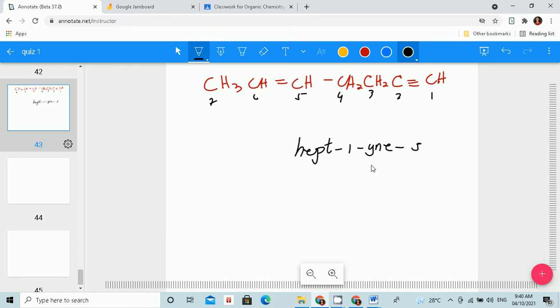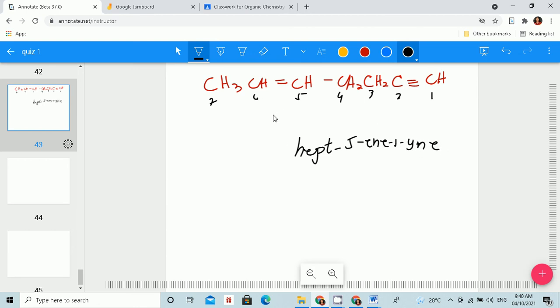Oh, okay, class. We will put the yne first because in writing it's alphabetical. In numbering, the triple bond is the priority, but during writing we will follow alphabetical order. So we have 5 yne, we have 1 ene.